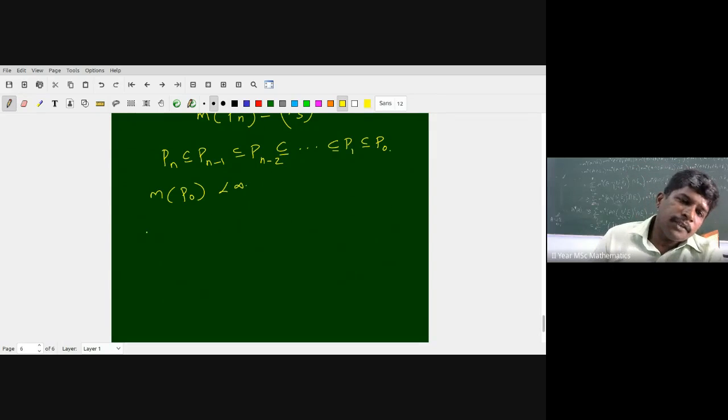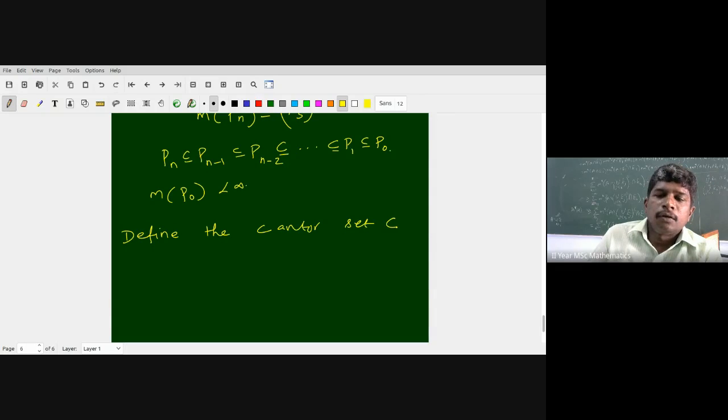Now we define the Cantor set. We define the Cantor set C as the intersection of all the Pn's, right? As C equal to the intersection of Pn, n from 0 to infinity.